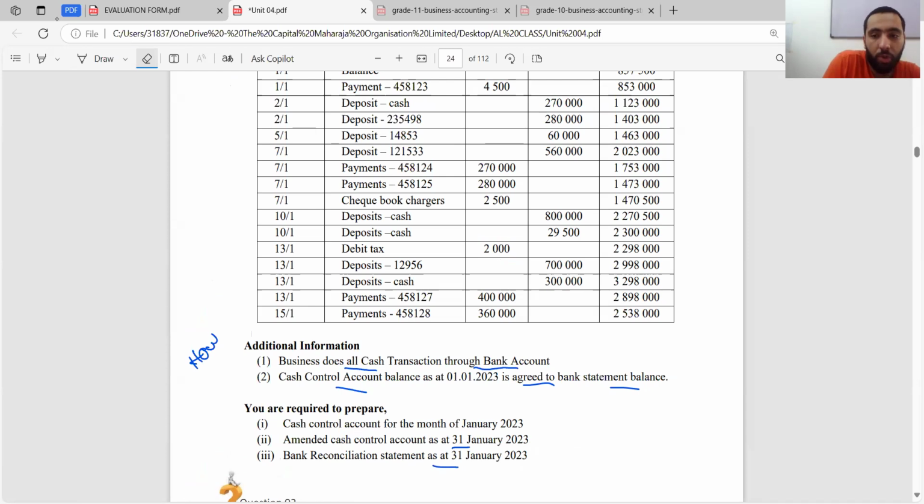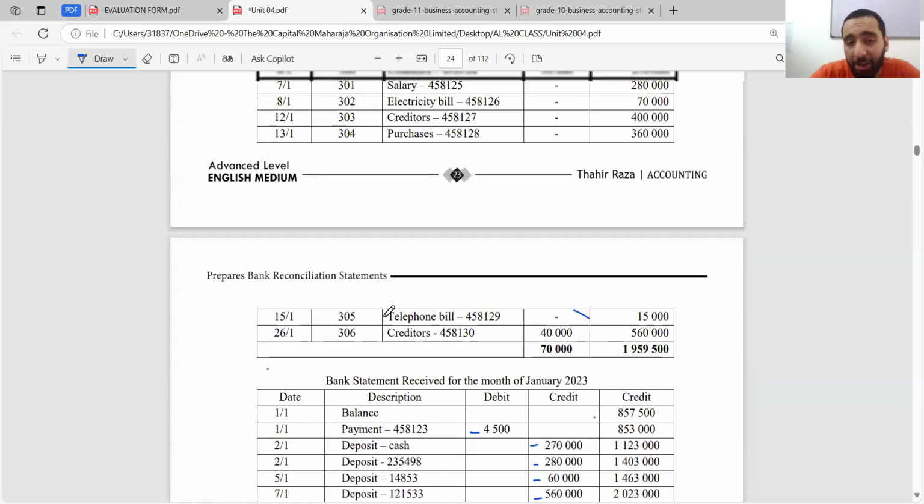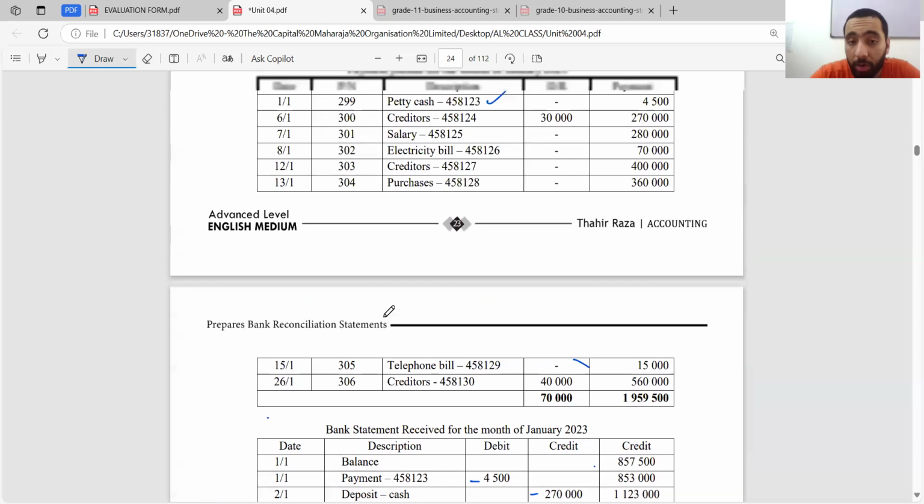Now what we are going to do is the bank reconciliation statement. First of all, what did you do? You went through each of these balances: 4,500, 270, 280, 60, 560, all of these balances, and you went through the cash book. Now you have to do the opposite.